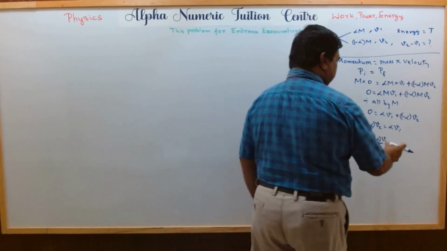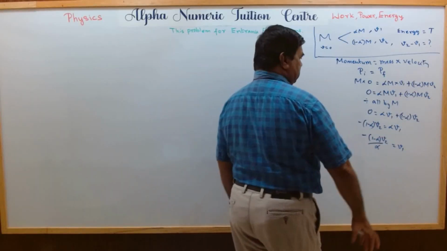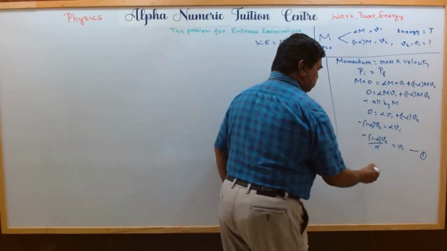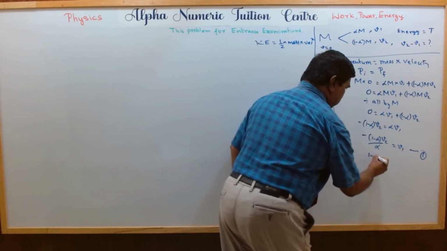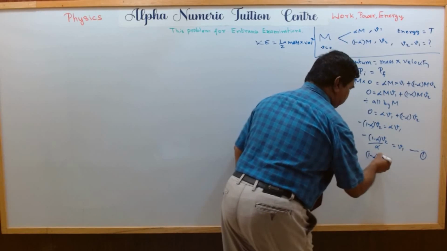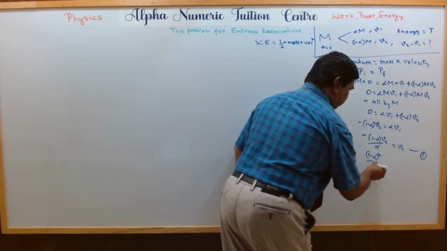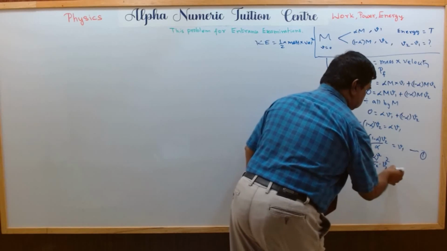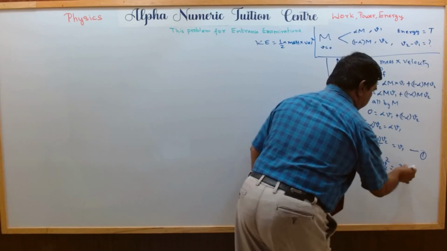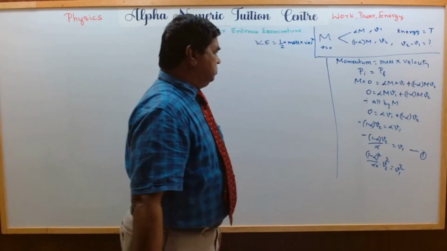Now this is a relation between v1 and v2. We will square it. Squaring it, minus will go as plus. So 1 minus alpha squared divided by alpha squared into v2 squared is equal to v1 squared.